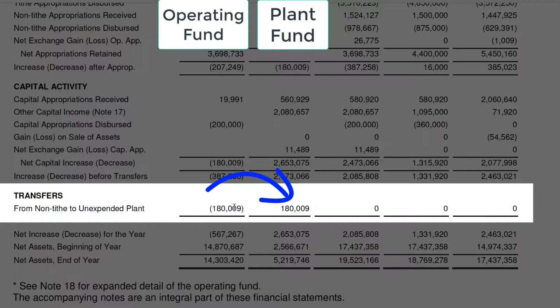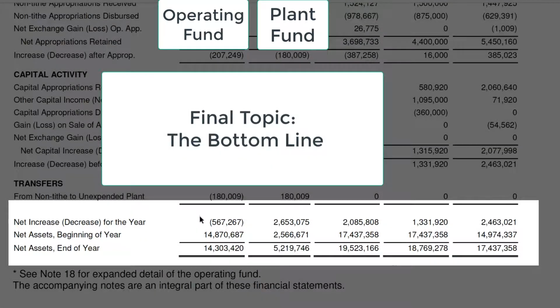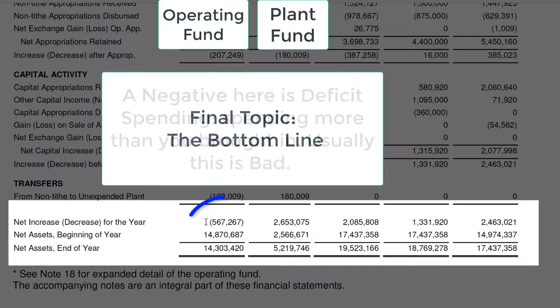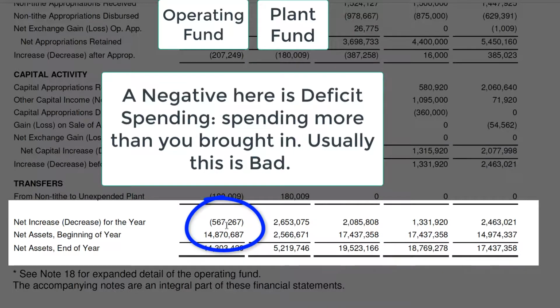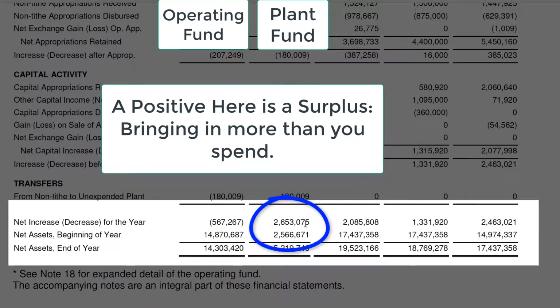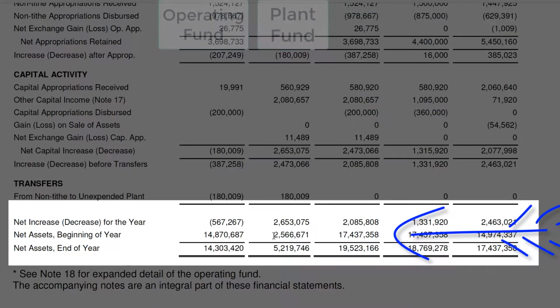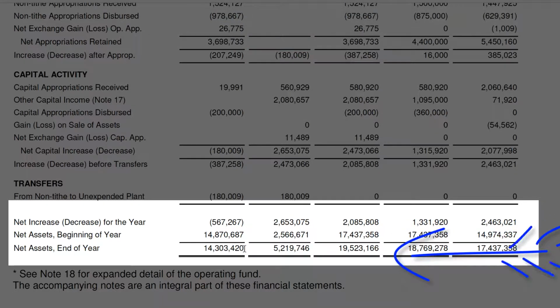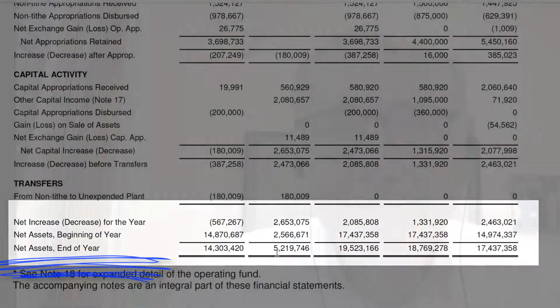And so we've given the money to have the assets, and now the money is not over here in operating anymore. It's over here as an asset. And so this is our deficit. This shows deficit spending: we spent more than we brought in by that amount, and this shows a surplus. We take it and add to it what we had at the beginning, and we get a new net assets for the end of the year.